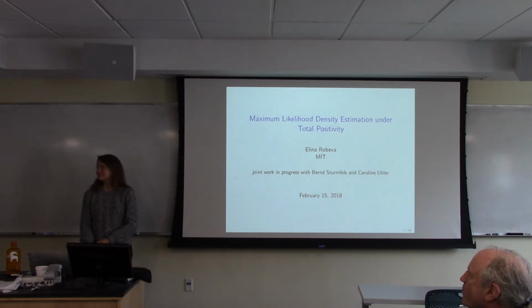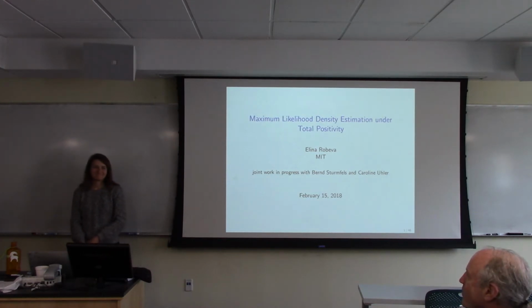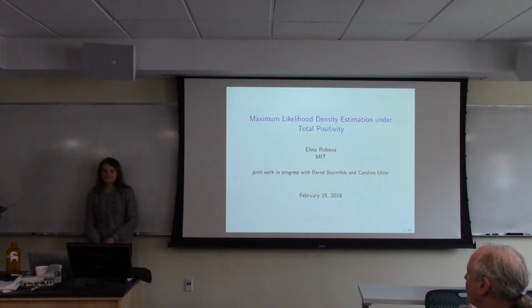She had outstanding notes back then, and I decided to follow her regularly. And she ended up working on things that I'm interested in. So I follow Elina's work, and I've been a big fan. So Elina graduated from UC Berkeley in 2016, and is now instructor of statistics and NSF postdoctoral fellow at MIT. She'll be talking about maximum likelihood density estimation under total positivity.